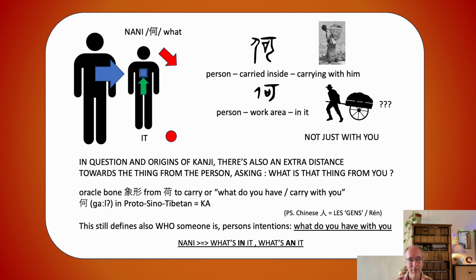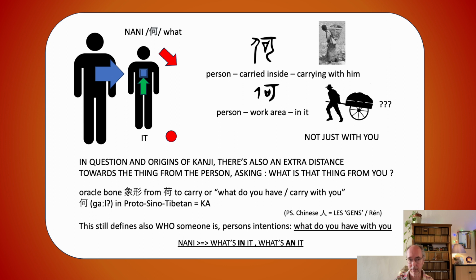There's a temporal function given to these persons by what they have with them. So in a way, it still defines an intention. So what do you have with you is also something like, what do you put in use? What is your intention? And that's also a reference point in the philosophy behind it, that it matters what is in it, what is an it, as a matter of speaking.